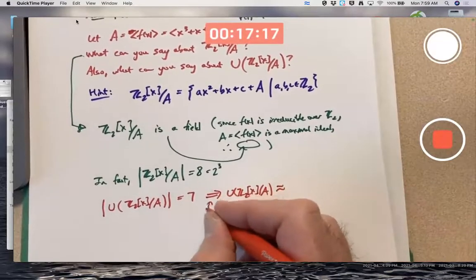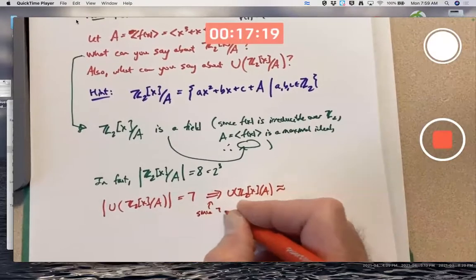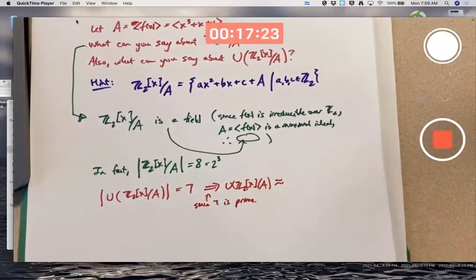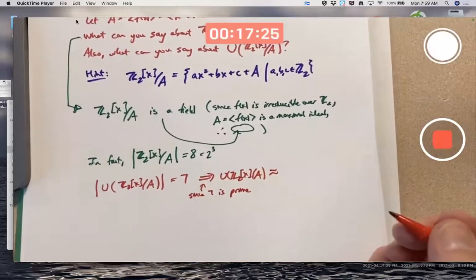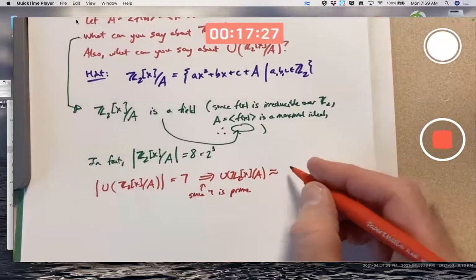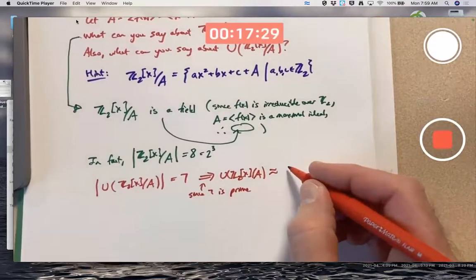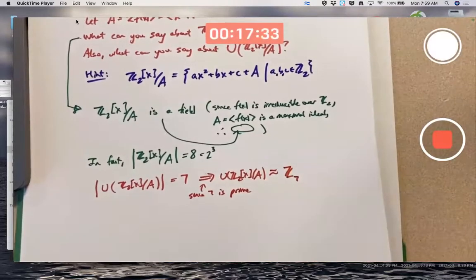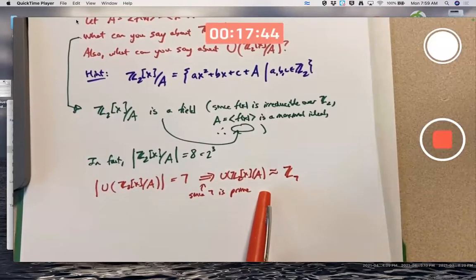Since 7 is prime, it's got to be cyclic, right? It's got to be isomorphic to Z7. And that would also mean another thing. That would mean every non-identity element in there has got to be a generator.